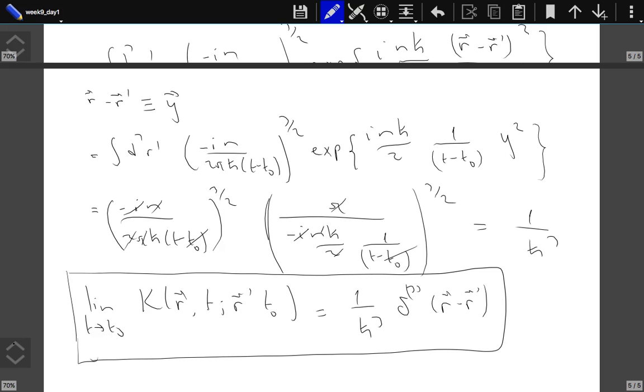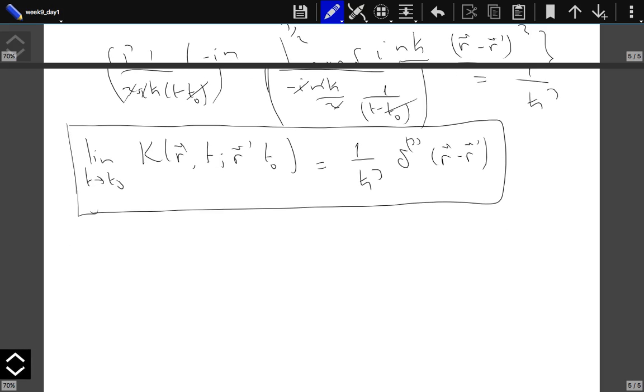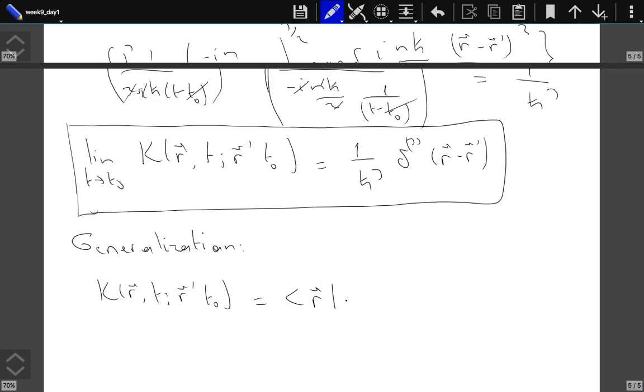Now, the reason why I'm saying that the 1 over ħ cubed should not be there is that this is an explicit demonstration for the free particle that in that limit it becomes a Dirac delta. It doesn't mean that it should be a Dirac delta for every particle, but we can generalize it. You see, we had seen that K of r t, r prime t0 was nothing but <r| e^(-i H (t - t0)/ħ) |r prime>.